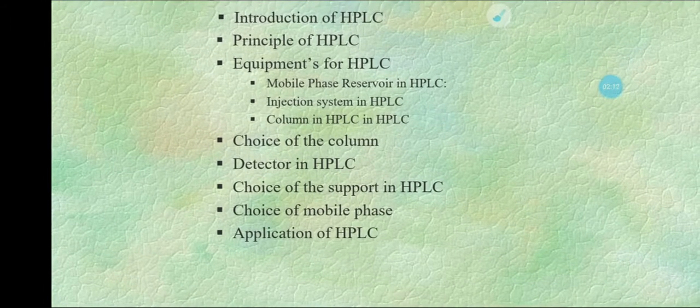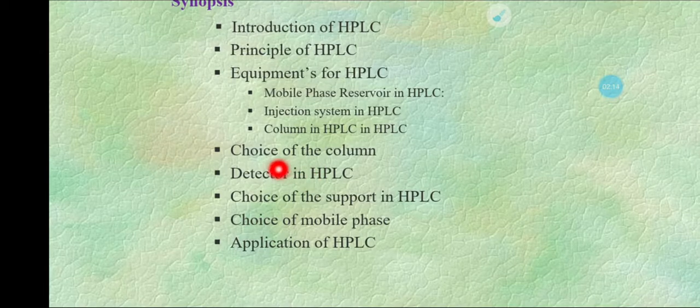Then next will be the choice of column, that is which column we have to select on the basis of the nature of sample. Then detectors, there are different detectors used in HPLC technique.